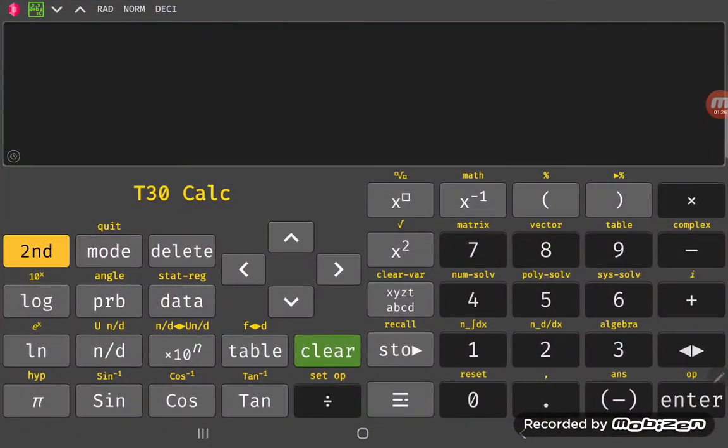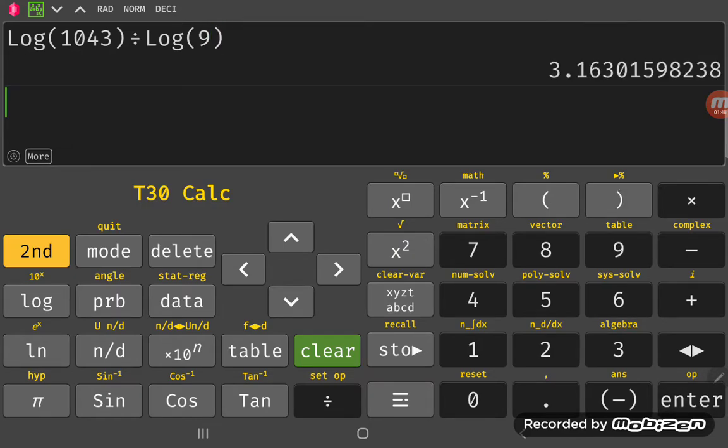Grab your calculator, there's a button that says LOG on it. Press that button, type 1043 and close the parenthesis. Use the division key, and then we have log 9, close the parenthesis, and press enter.